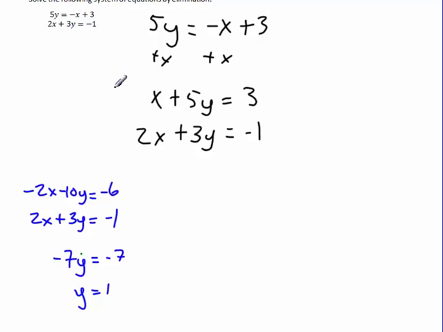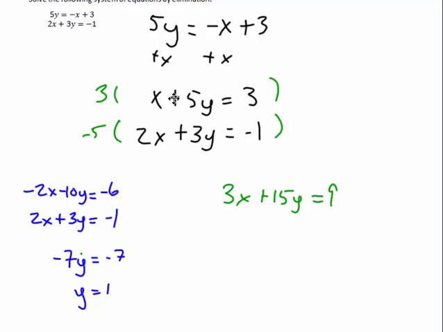So I'm going to take my first line and I need to multiply it by a number, and on my second line I need to multiply that by a number. Well, in order to get these lined up, it's like finding a common denominator almost. So I'm going to multiply the top line by, let's do 3, and the bottom line by negative 5. So distributing a 3 to every term up here, I get 3x plus 15y equals 9.